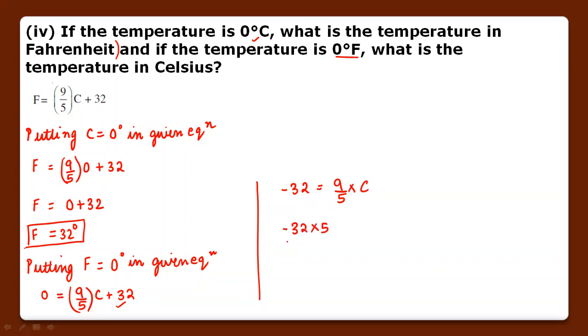Minus 32 into 5 upon 9 equals C. 32 5s are minus 160 upon 9 equals C. When we solve 160 upon 9, we get C equals minus 17.8 degrees Celsius, and this is an approximate answer because it is not completely divisible.